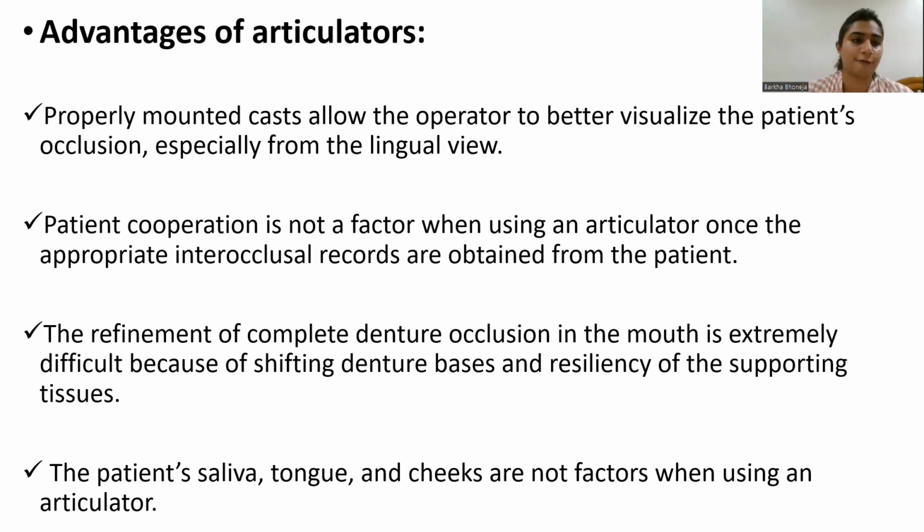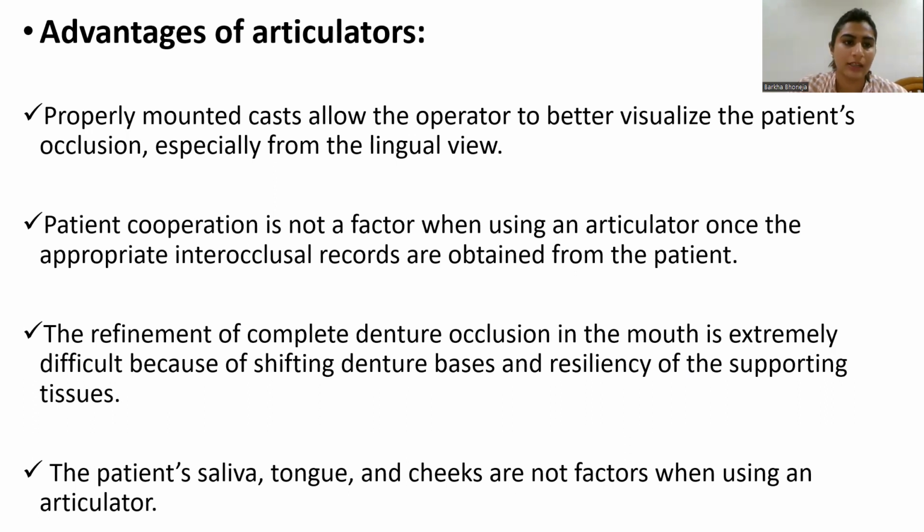Now, all of these factors are eliminated when we are working on an articulator. So the patient is happy, the doctor is also happy. And once you have the appropriate interocclusal records, you can articulate the casts. What are interocclusal records? It is the record which is basically showing you how your mandible is present in relation to your maxilla.